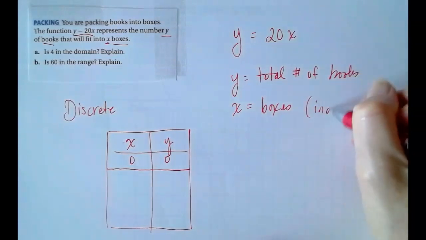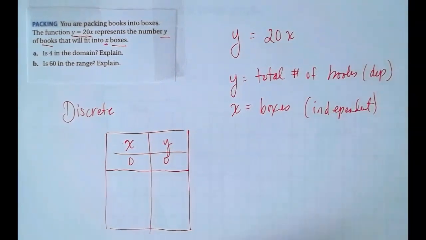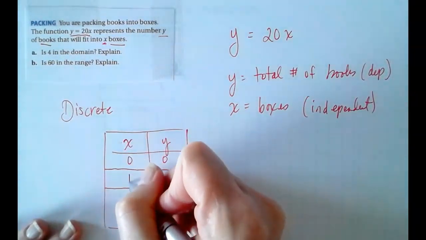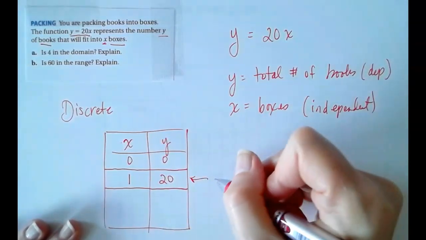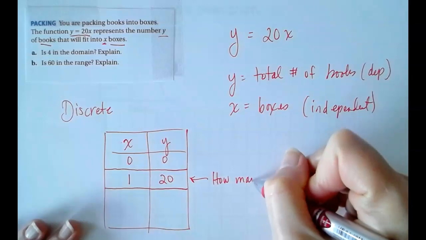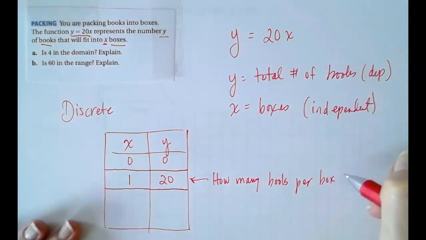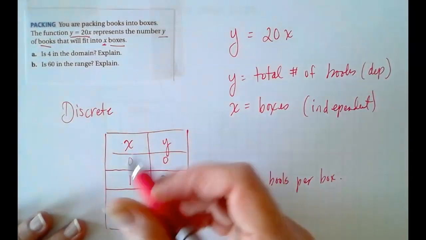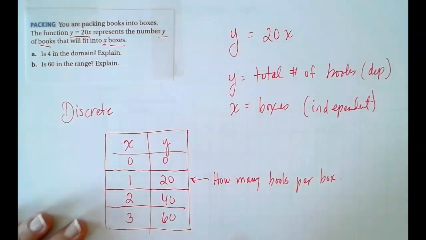That makes boxes independent, and it makes the number of books the dependent variable. So let's look again. If we have 1 box, 1 times 20 is 20. This is telling us how many books per box. 20 books in every box. And obviously we can keep going here. 2 boxes, 40, 3 boxes, 60.